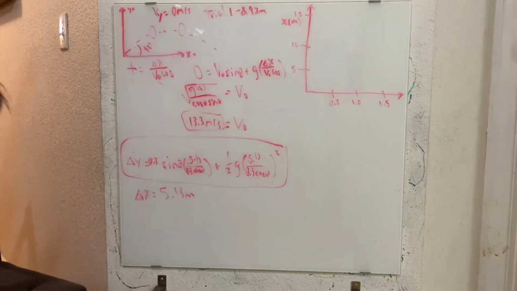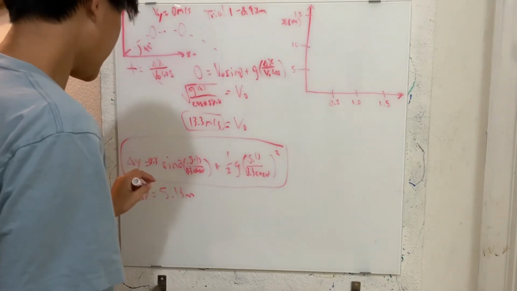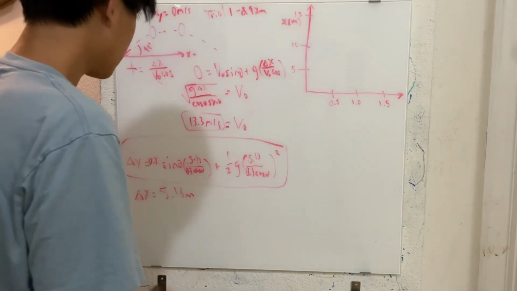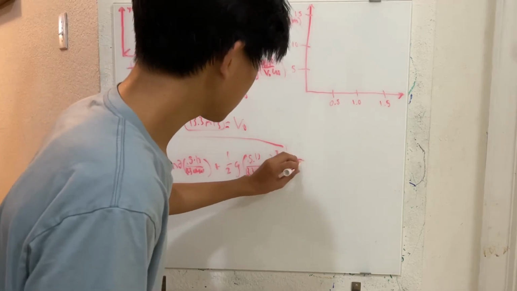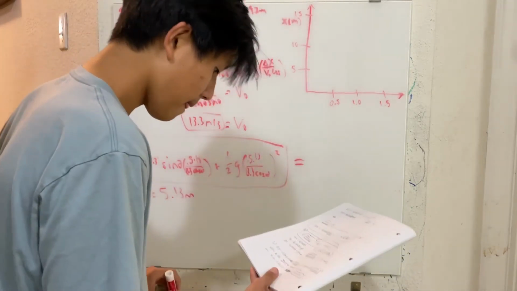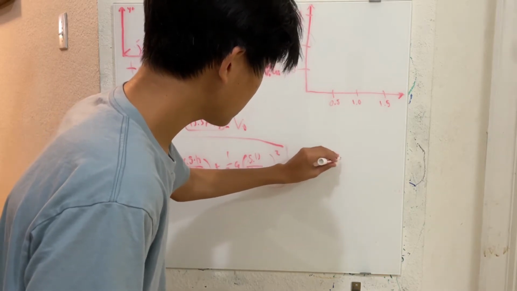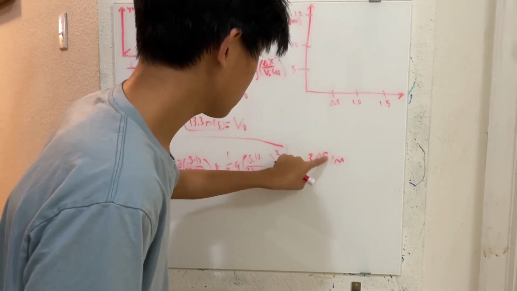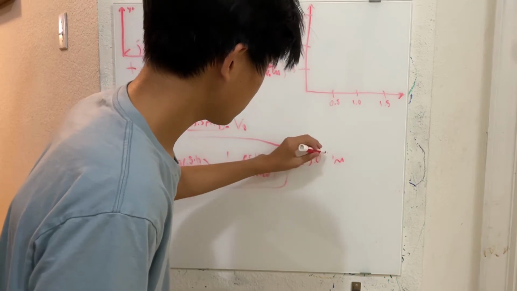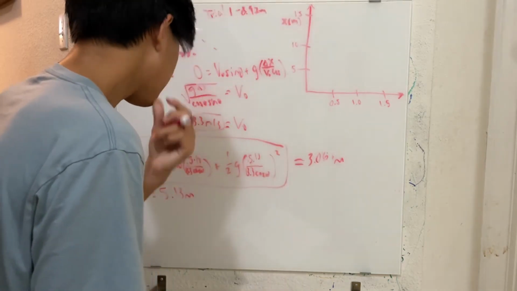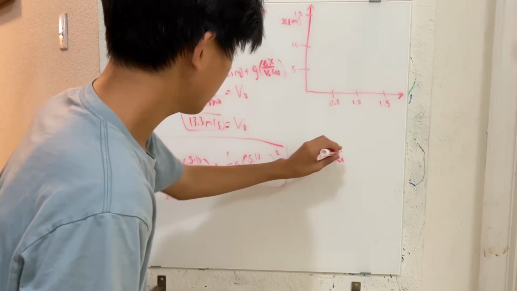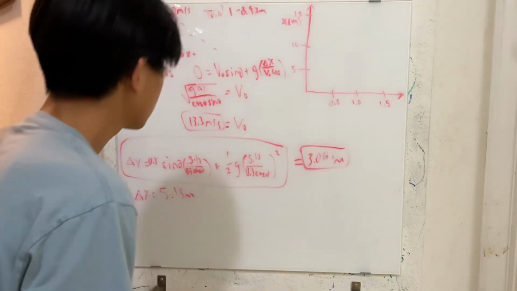Yeah, so then it's just a matter of plugging in and simplifying all of this, and then this ends up equaling 3.057 meters, or I guess 3.06 meters. So that's the answer to part C.